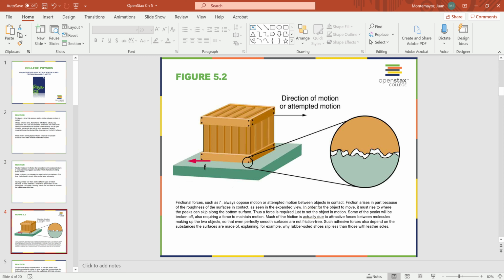So for this figure, they try to break it apart a little bit more, where you have this crate on this surface, but as you can see, that little magnification there is really what it looks like at a small scale. To our eyes, you see, okay, it's a flat surface and the surface of the crate is flat.